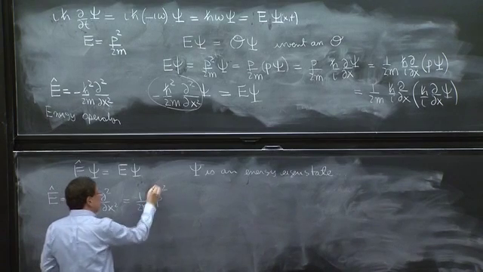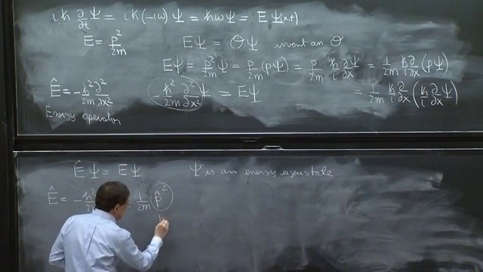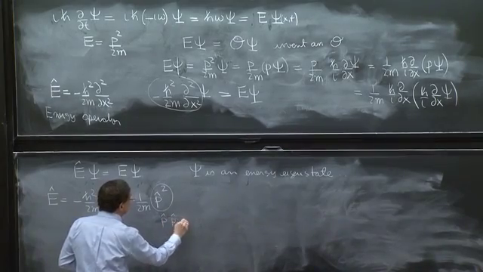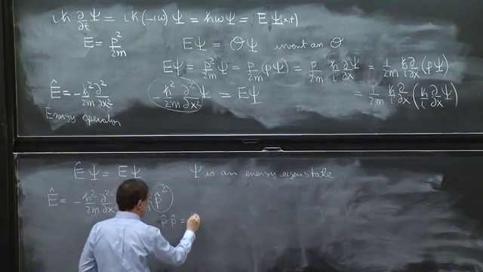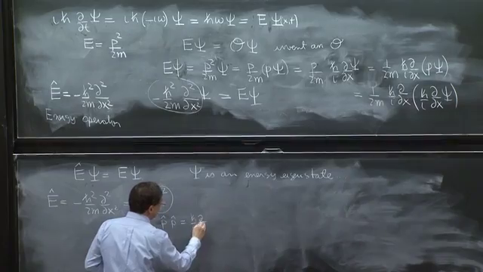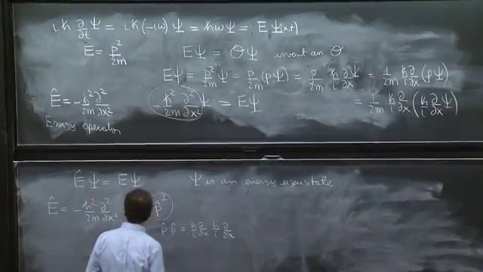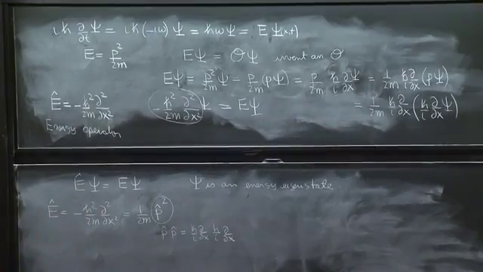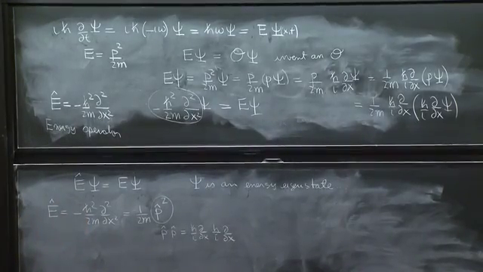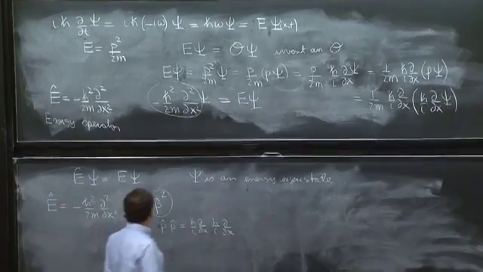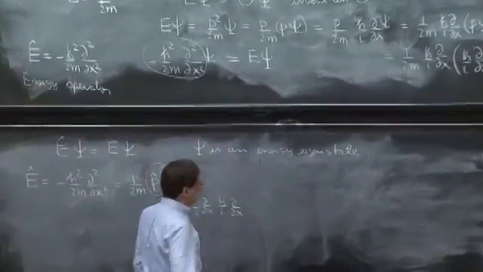So if you do this computation, this is p hat times p hat, that's p hat squared, and that's h bar over i d/dx, h bar over i d/dx. And that gives you the answer. So the energy operator is p hat squared over 2m.